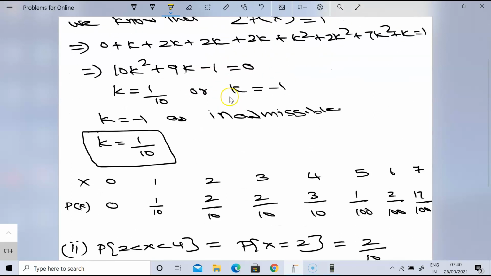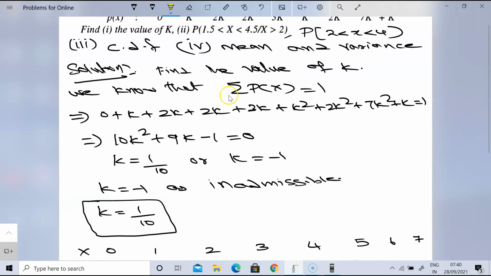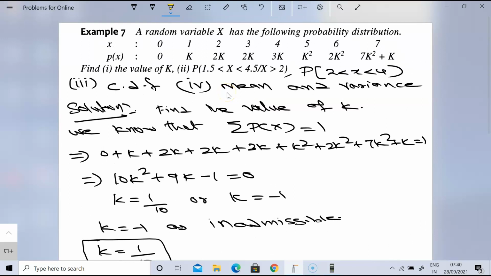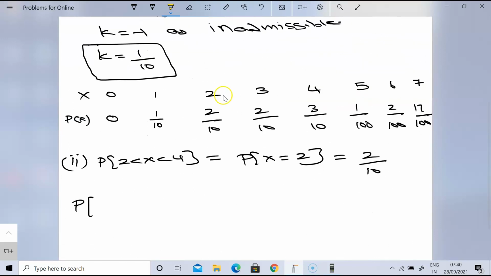Let me write it first of all: the probability of 1.5 less than x less than 4.5 given x more than 2. This is the condition. So now what I require is the probability of this value.